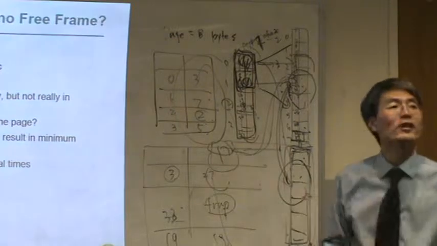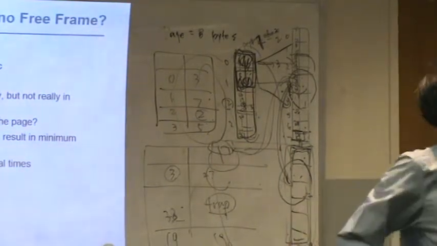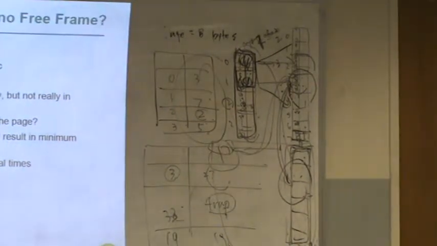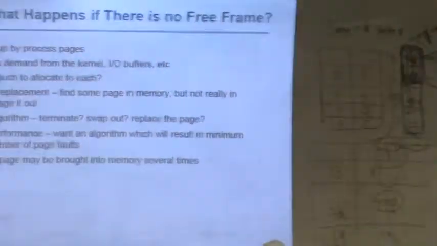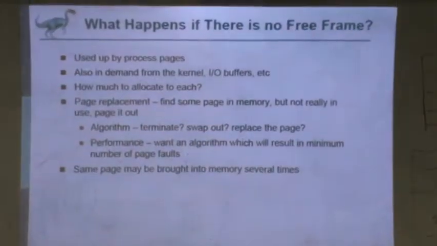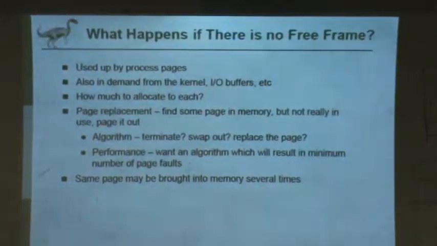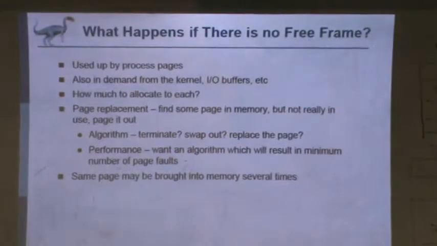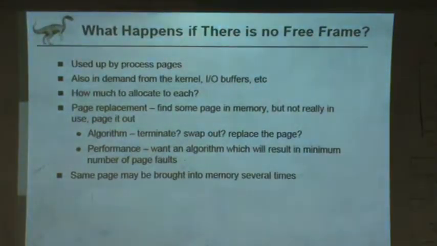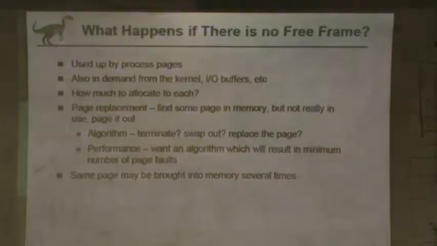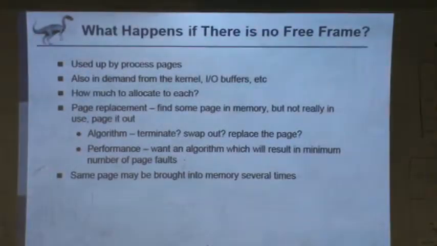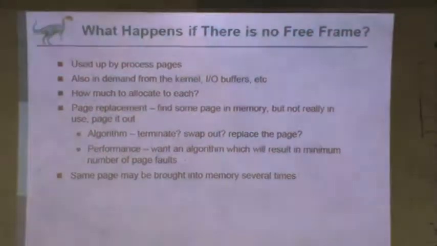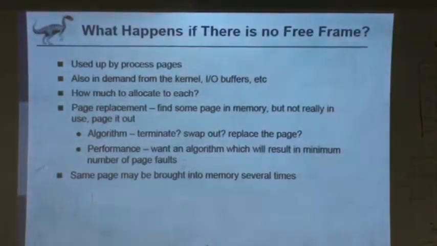The problem is, which page will be the victim? Each page will be paged out. Any solution? Any idea? First come, first out, so all of these will be victims. That makes sense.